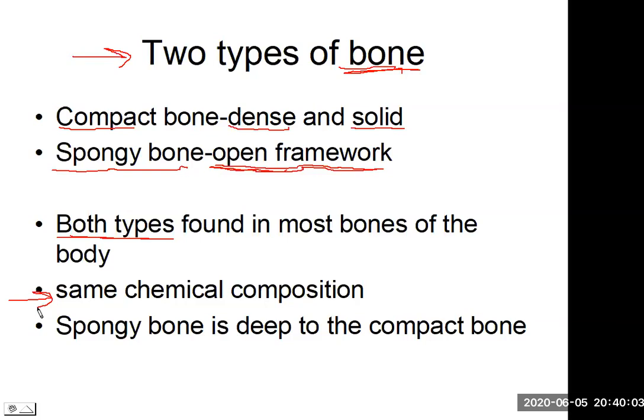So going right back to the previous slides, the calcium for strength, the collagen for the flexibility, the resistance to fracture, the same types of cells, osteoblasts, osteocytes, osteoclasts present in both compact and spongy bone. And a principal difference here beyond the density is spongy bone is found in a deeper internal location. We find compact bone towards the surface.